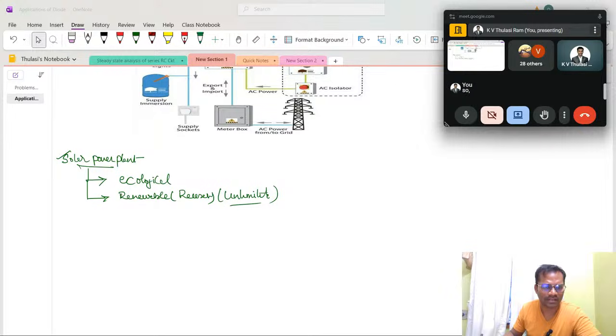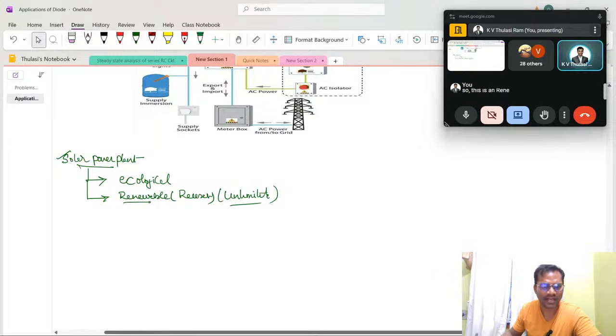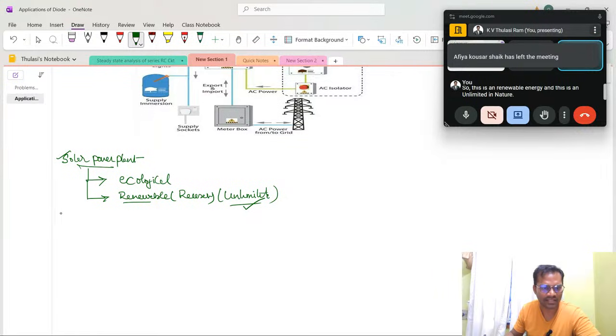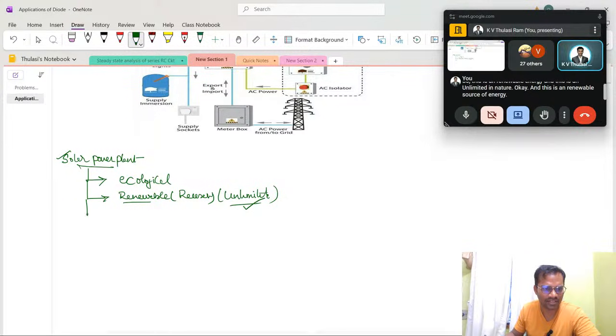So this is a renewable energy, and it is unlimited in nature. Among the available renewable sources of energy, solar energy is an efficient kind of energy.